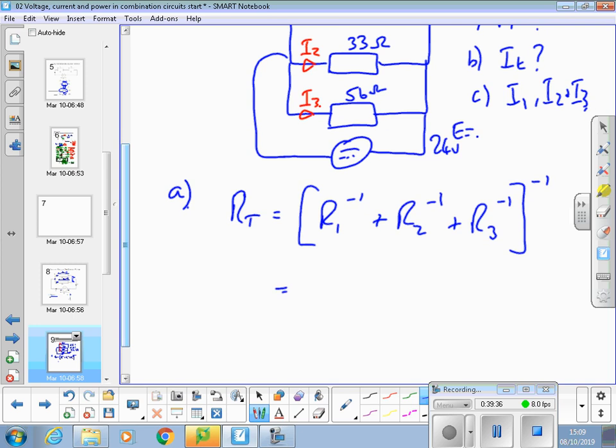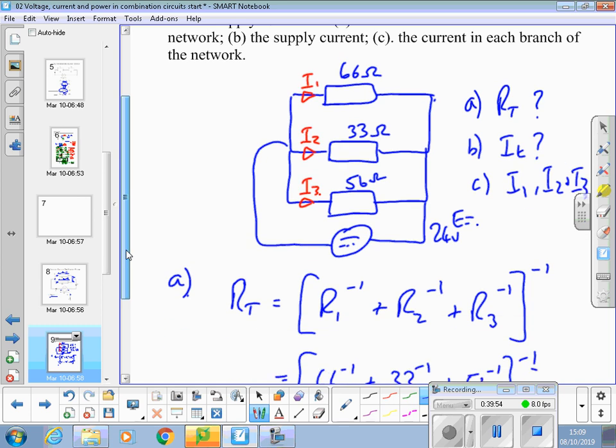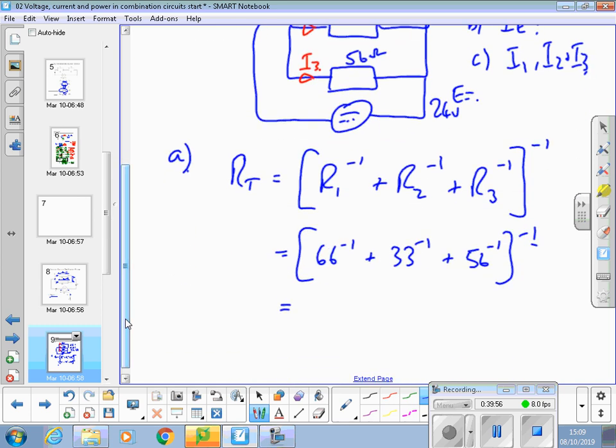So that is brackets 66 to the minus 1 plus 33 to the minus 1 plus 56 to the minus 1.